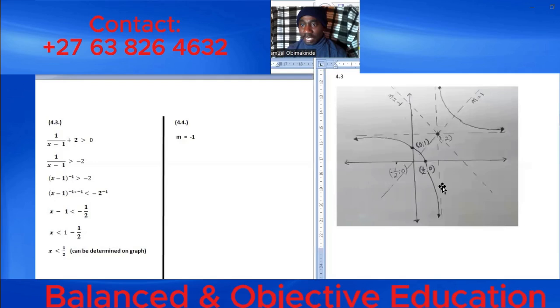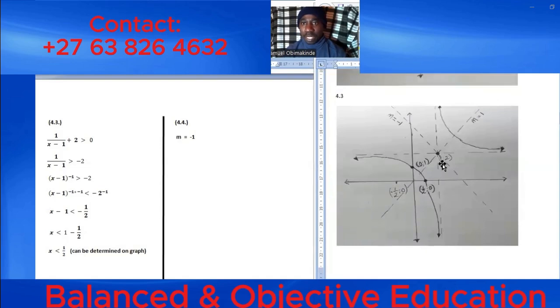So those are the two broken lines we have here. Right, so if you draw two diagonal lines through the point of intersection of the asymptotes, those two diagonal lines are the axes of symmetry.